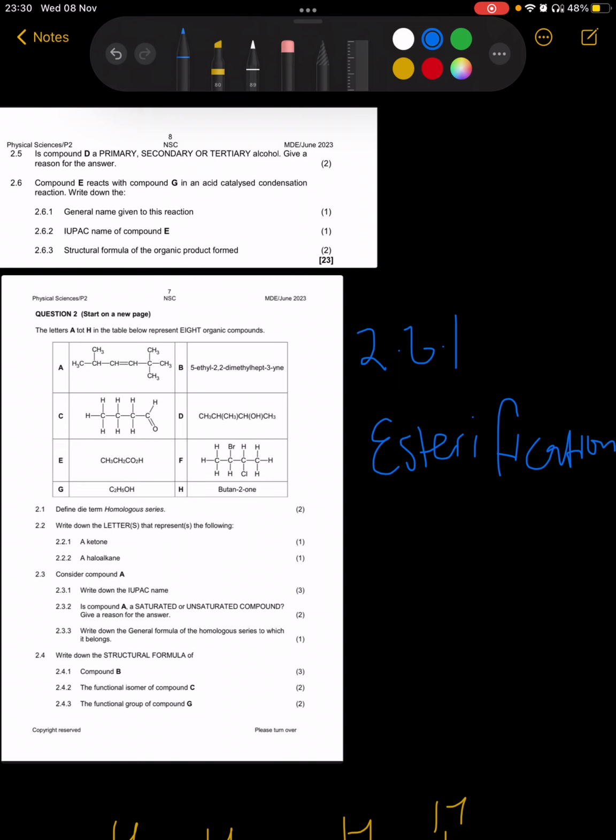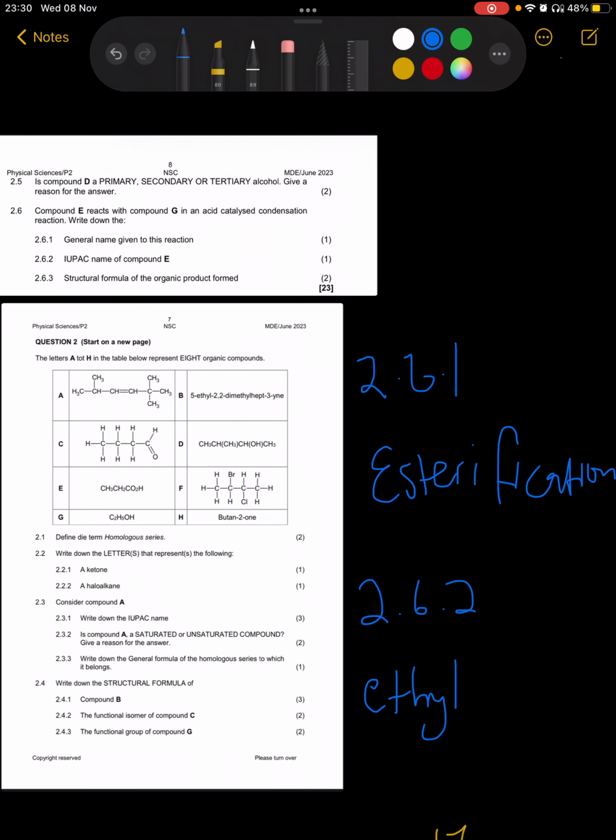Give the IUPAC name of compound E. You know ethanol. I always say the alkyl always comes from the alcohol. So 2.6.2 will be ethyl.